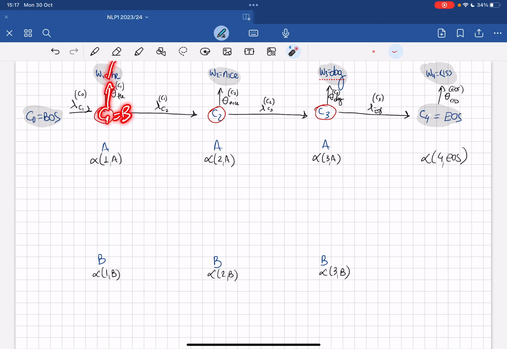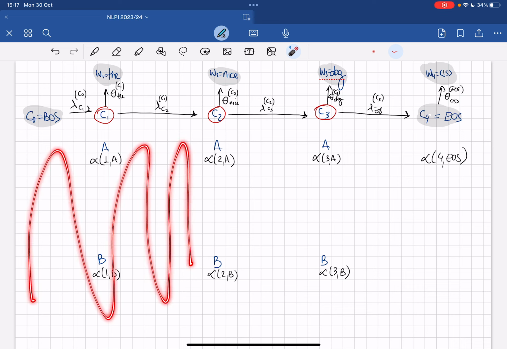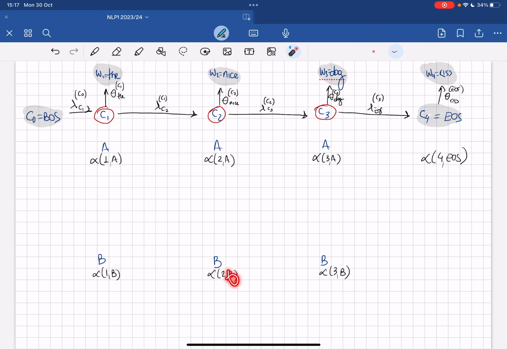And every other cell in this grid. For example, alpha 2B marginalizes all possible assignments of the preceding variables and assumes that C2 is assigned a B, and then we generate nice. Alpha 3A instead marginalizes all possible sequences up until C3 and assumes C3 is assigned an A, and then generates dog.